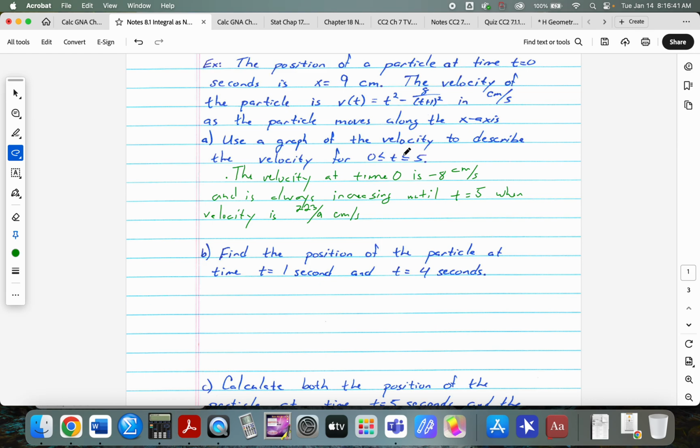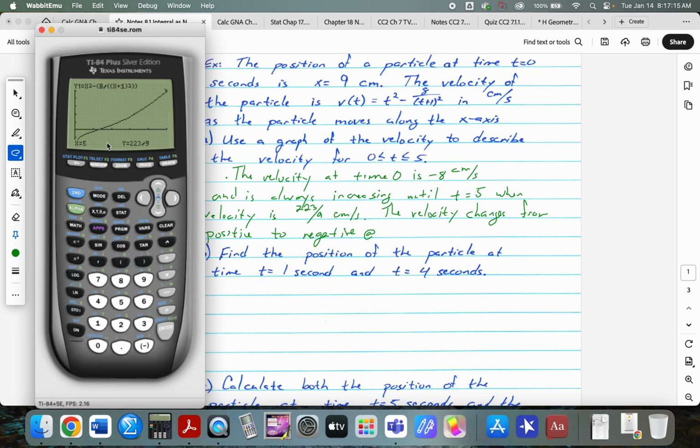Not positive of that. The other interesting feature of the velocity is it changes from negative to positive, right? So the velocity changes from negative to positive at, well, we have to find that.